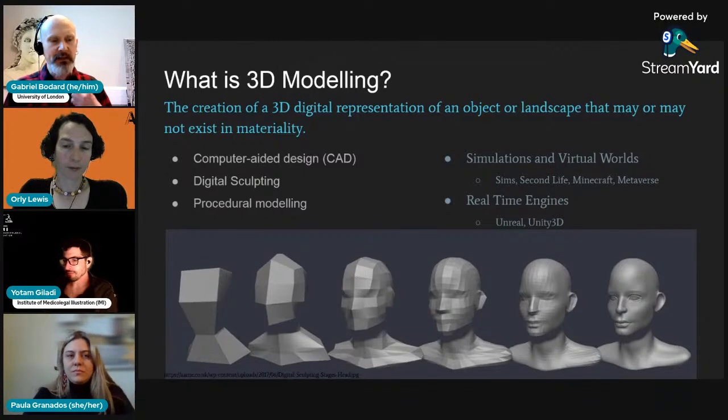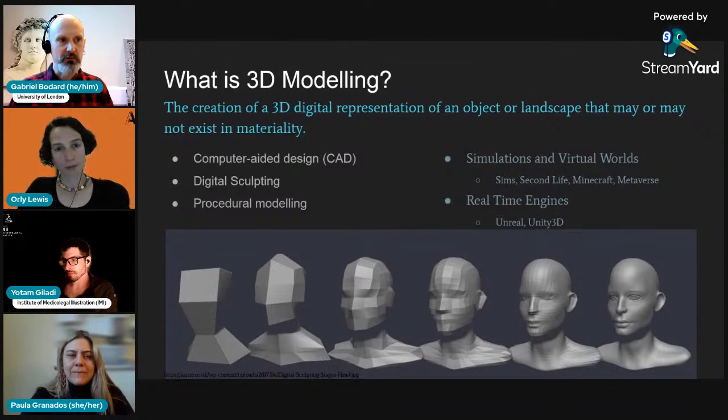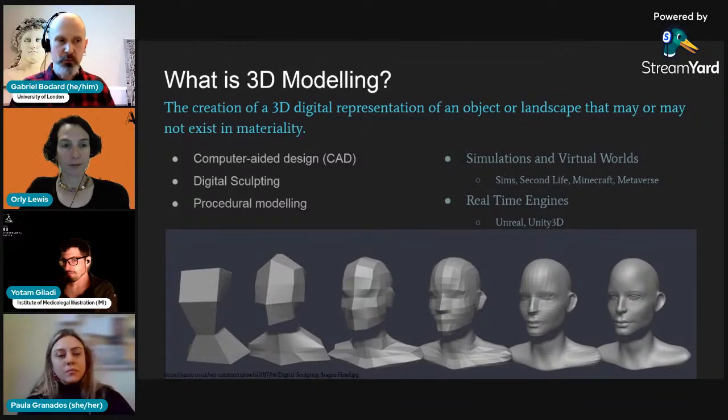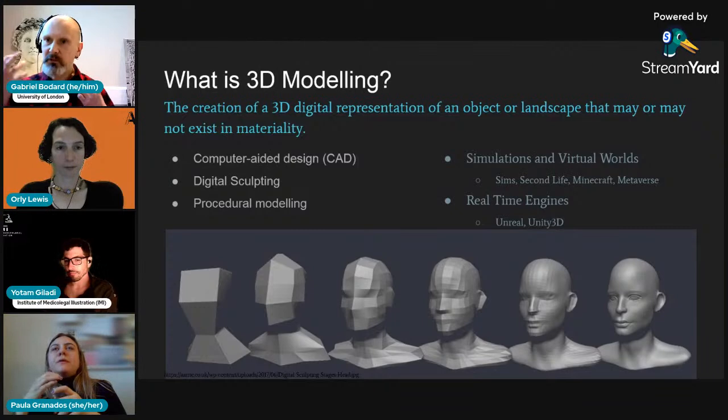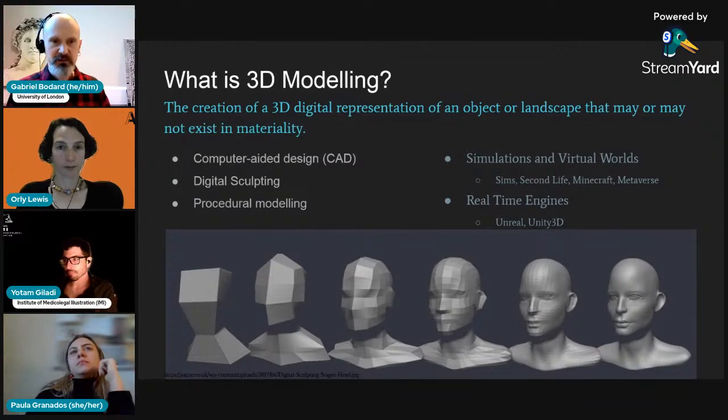In addition to the very useful comments that Orly's just made, it's worth unpacking a little bit some of the different kinds of 3D modeling. I've said at the beginning, and Orly's given more context, that 3D modeling is the concept of creating something that doesn't necessarily already exist or exist anymore, but there are various different kinds. What we often think about is computer-aided design, and the example I'm going to show later is very similar to that.